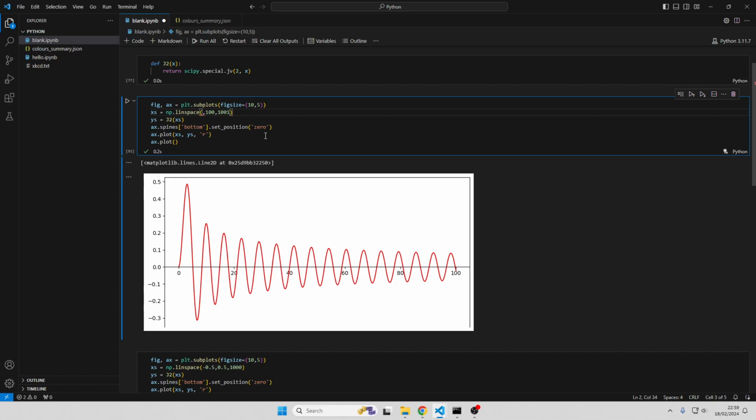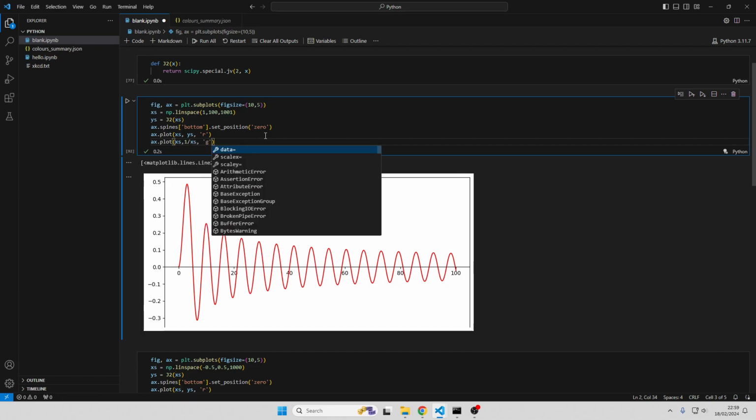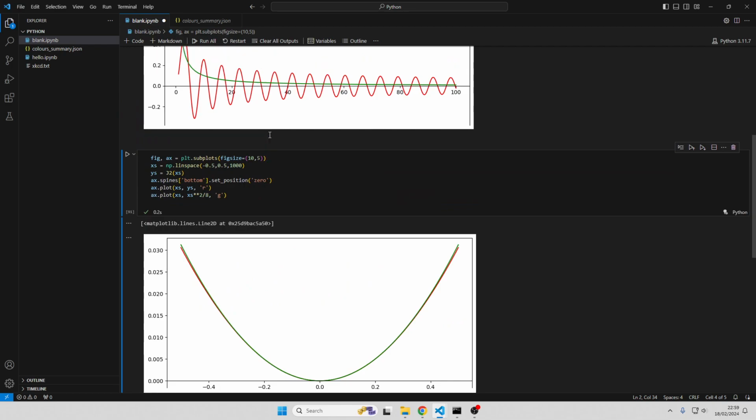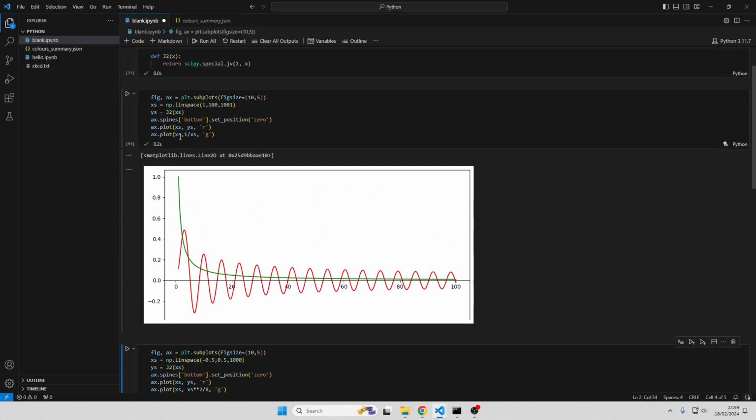So we'll go from 1 to 100, say. Okay, so there we've done the Bessel function, we've done 1 over x.